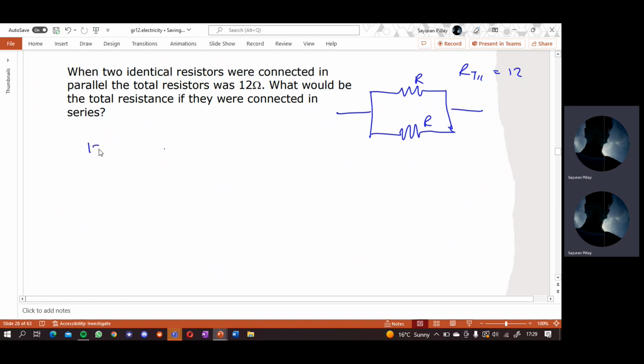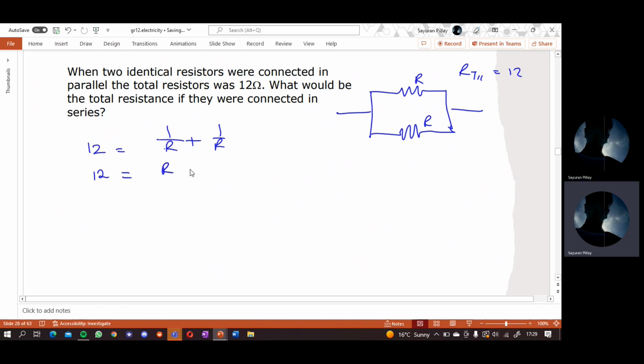Set up an equation. So 12 is going to equal 1 over R plus 1 over R, just some maths here. 1 over R plus 1 over R is what? R plus R over R squared, isn't it?